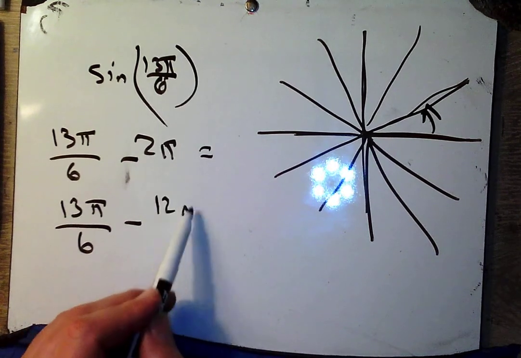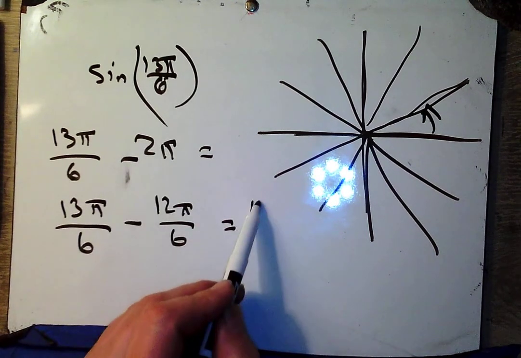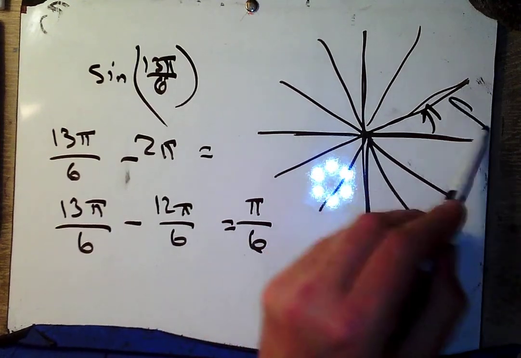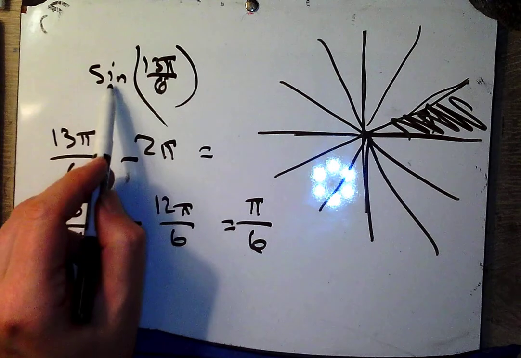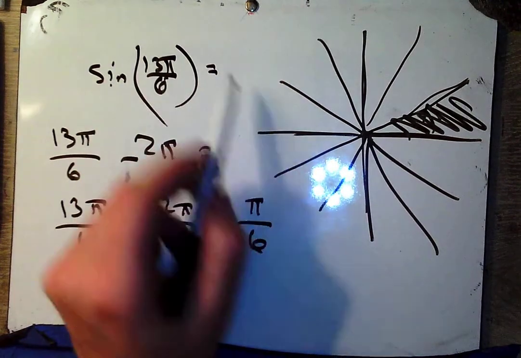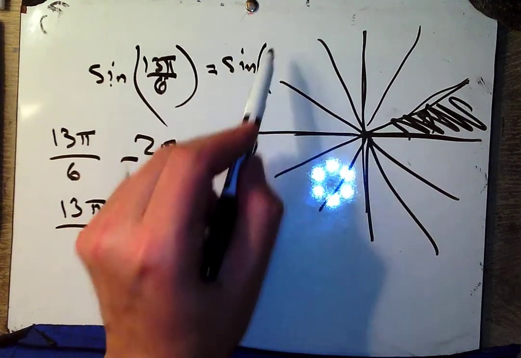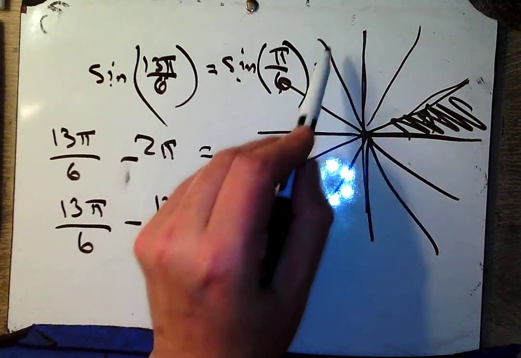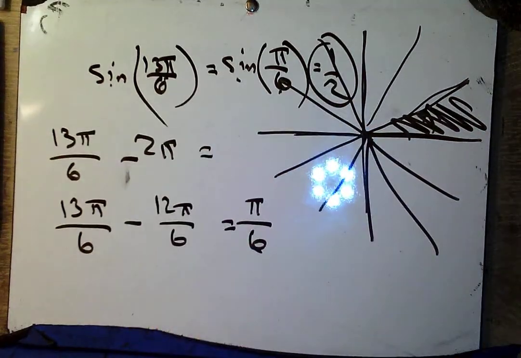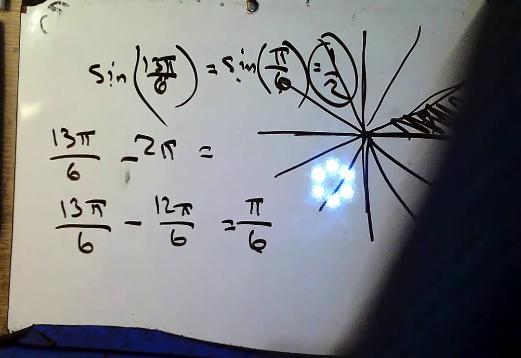So this is 12 pi over 6, and what I am left with is 1 pi over 6. Oh yeah, that's the little wedge for 1 pi over 6. And so I know that the sine of 13 pi over 6 is exactly the same as the sine of pi over 6. So what's the y value at pi over 6? I get 1/2. Okay?